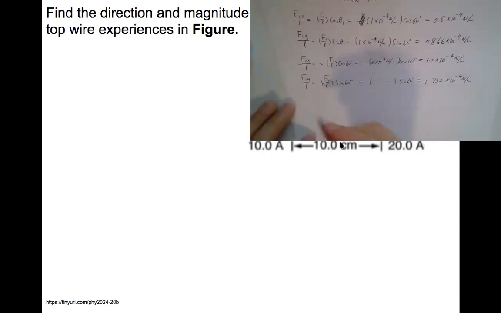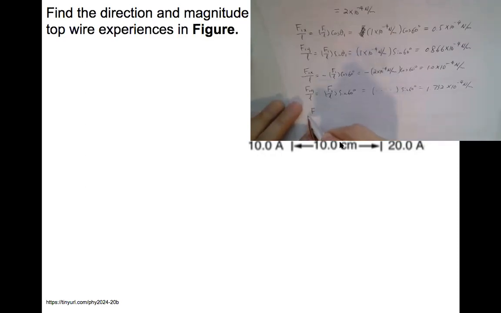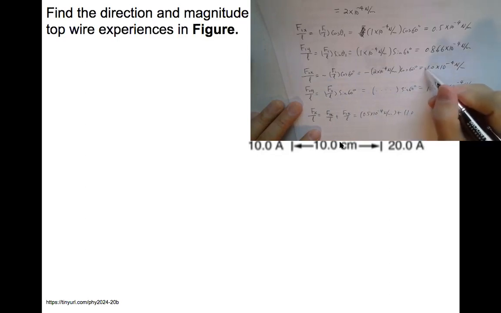So at the end, the total force F we are looking for over L, its X component should be F1x plus F2x over L per unit length. You are going to take in the numbers: 0.5 times 10 to the minus 4, minus 1.0 times 10 to the minus 4 newtons per meter. That will be minus 0.5 times 10 to the minus 4 newtons per meter.